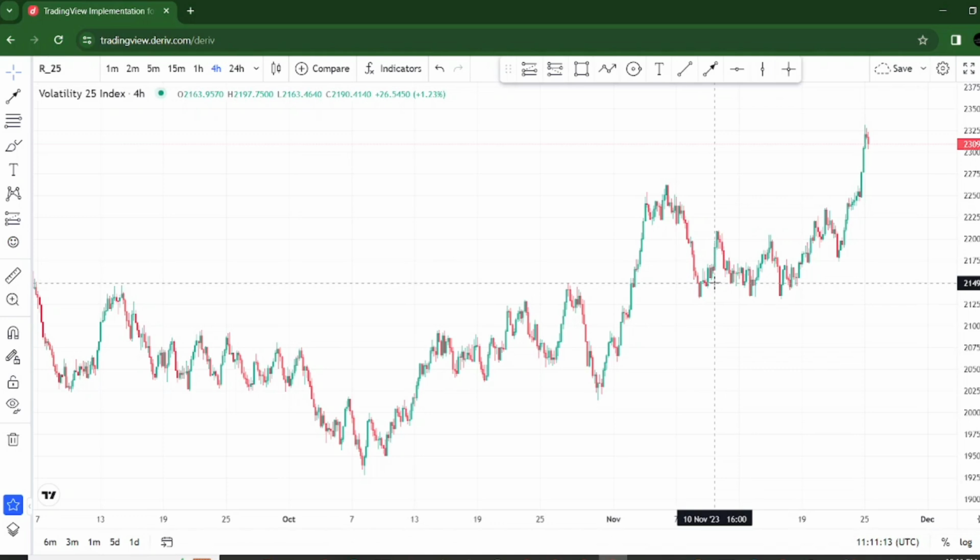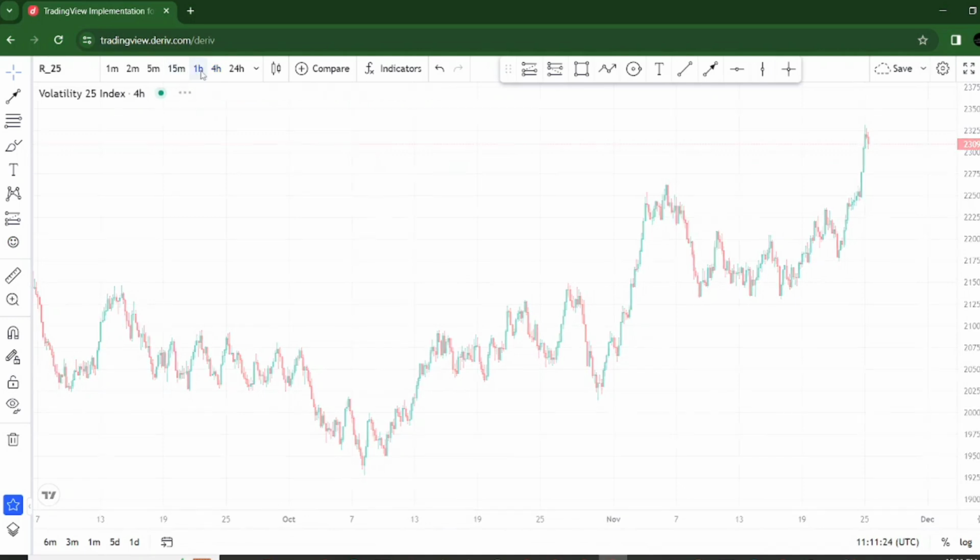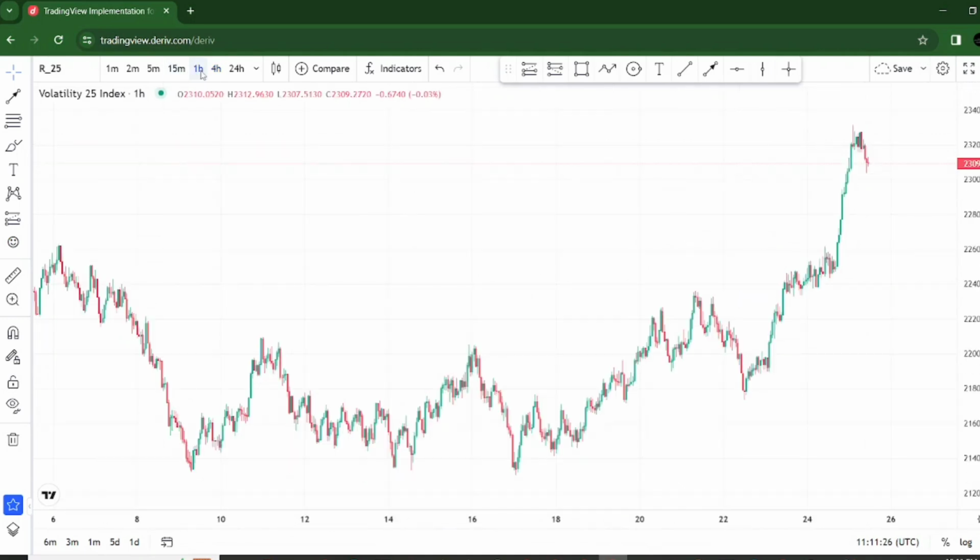Okay, now after doing this on the 4 hour time frame, that is after identifying the longer move and of course the momentum of the market, then you move down to the 1 hour time frame. Now what do you do when you get to the 1 hour time frame, right?